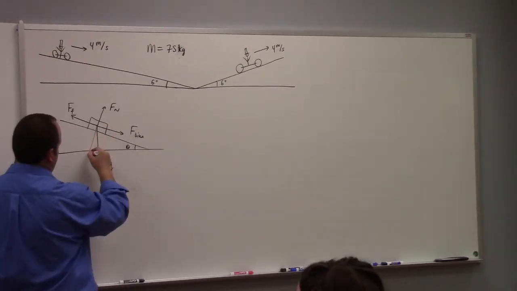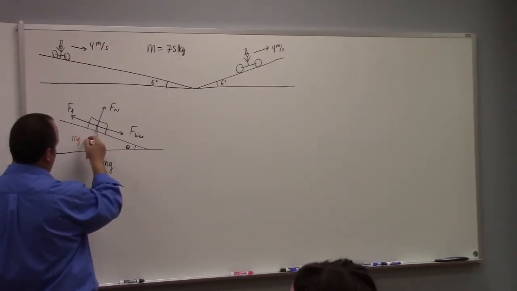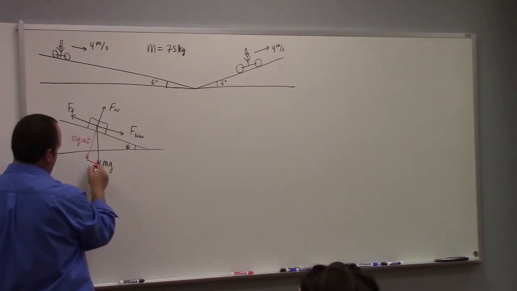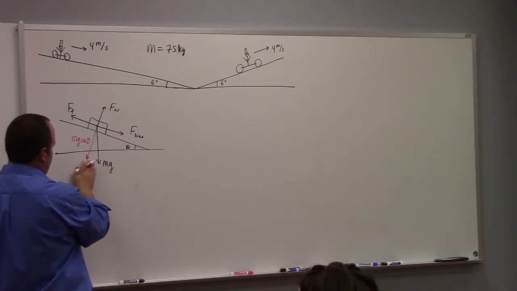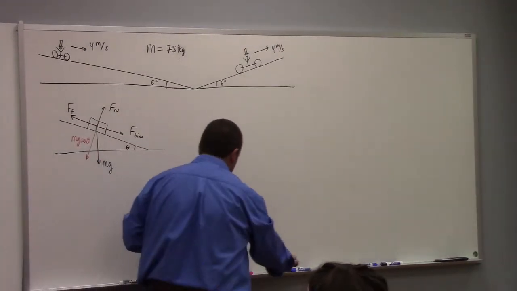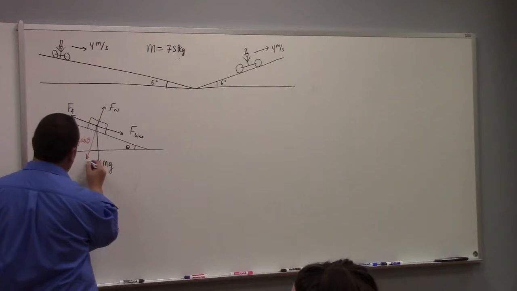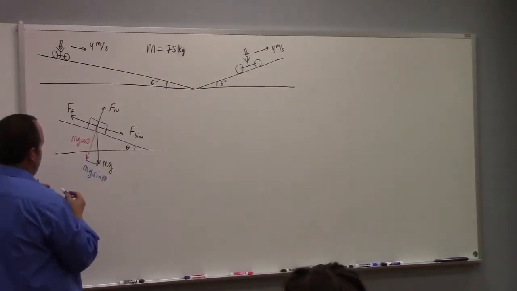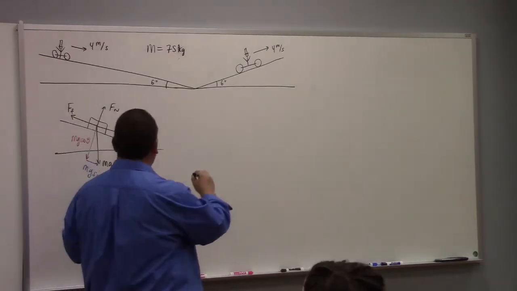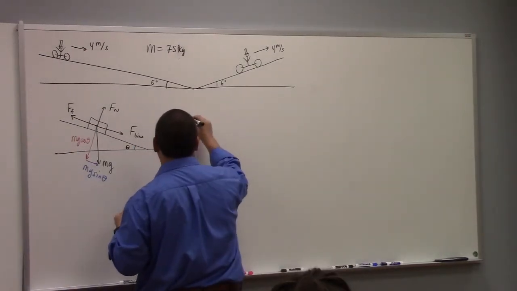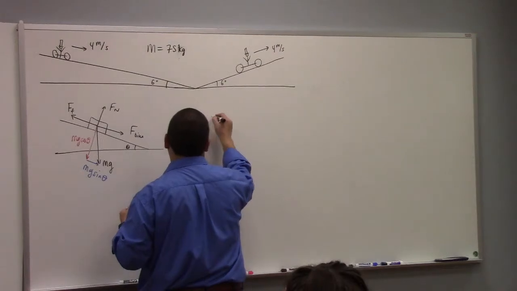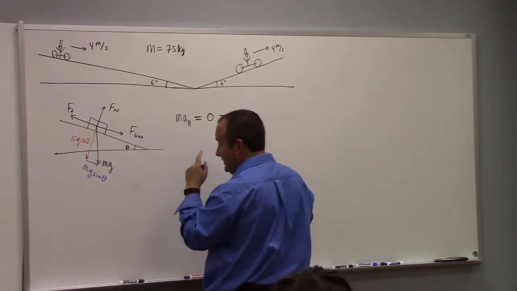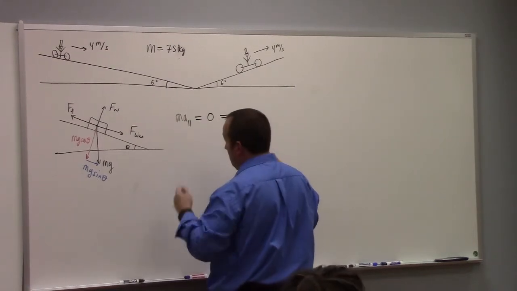So there's this piece, mg cosine theta, and then there's this piece. Let me make it a different color. There's the blue piece, the mg sine theta, right? And so the situation is that the mass times acceleration parallel to the plane is equal to 0, because it's moving at constant speed, which is given to us.